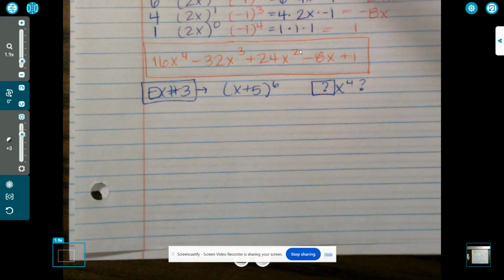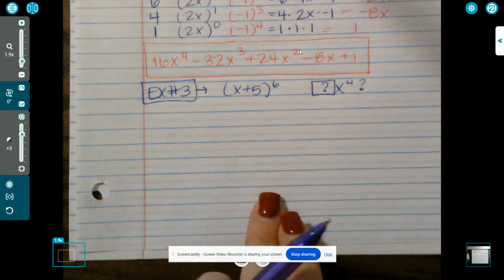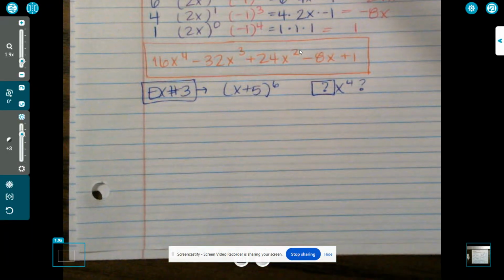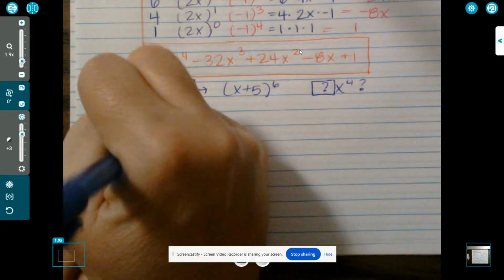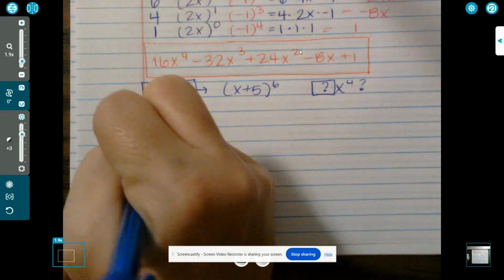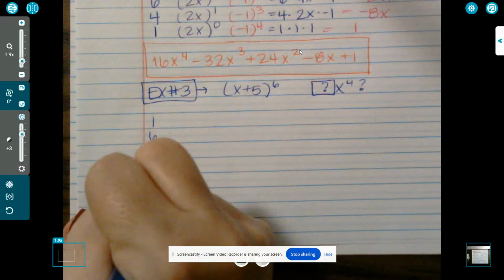So I am going to write out my steps, but then I'm not going to work all of it out. I'm only going to work out the one that involves x to the fourth. We're talking about the 6th power, so we're looking at row 6. Our coefficients there are 1, 6, 15, 20, 15, 6, and 1.